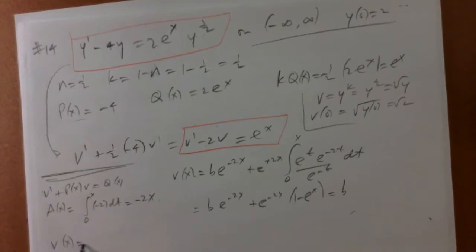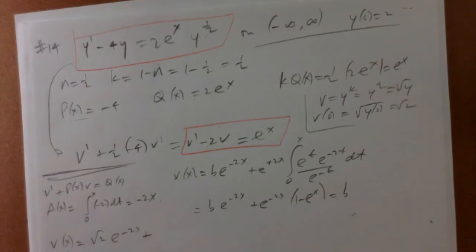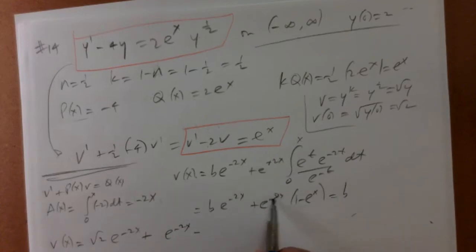So v of x is the square root of 2 e to the minus 2x plus e to the 2x minus e to the x.